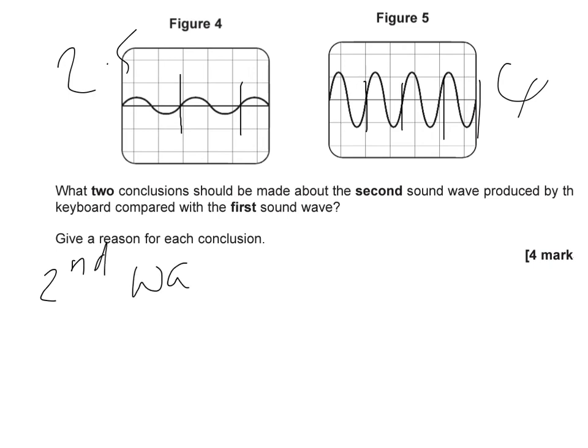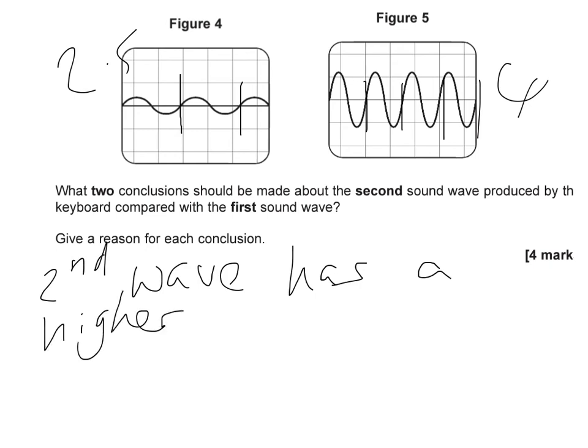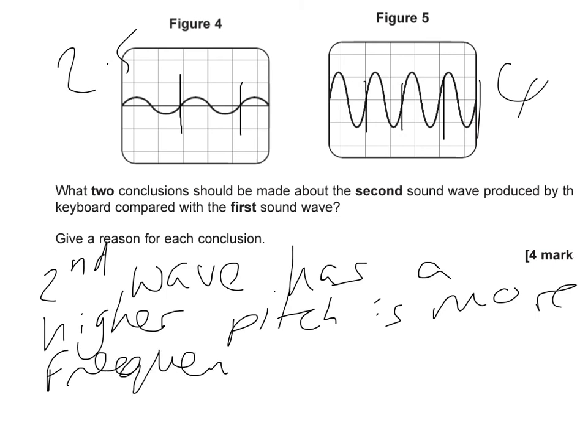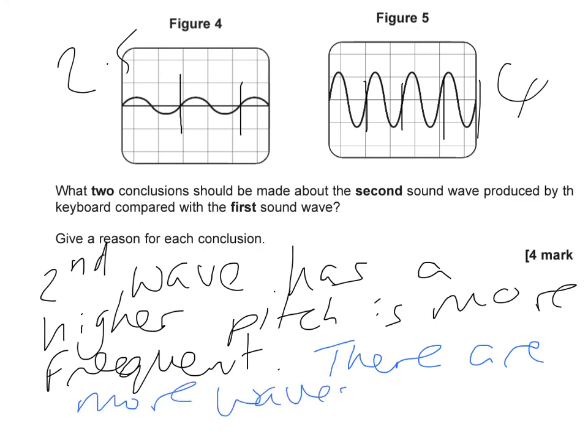The second wave has a higher pitch, or is more frequent. And why do we know that? That's because there are more waves displayed. And that will get you the 2 marks for that question.